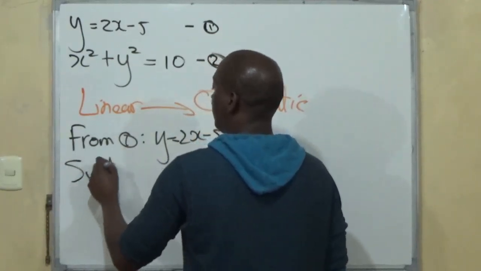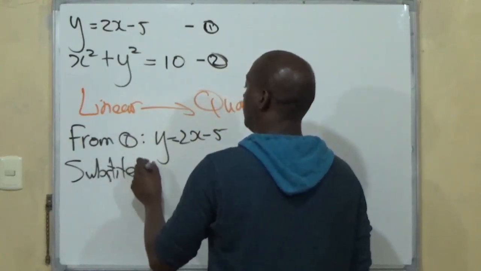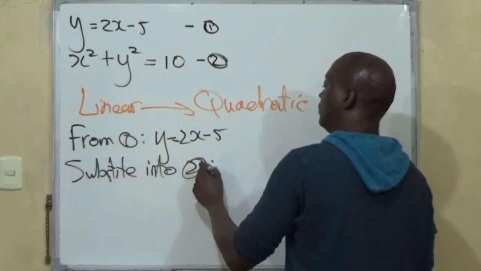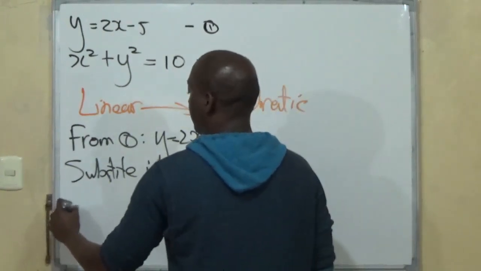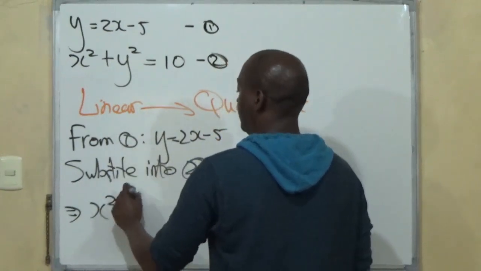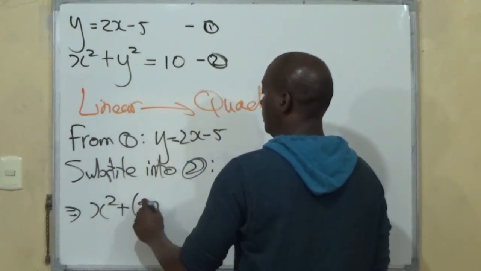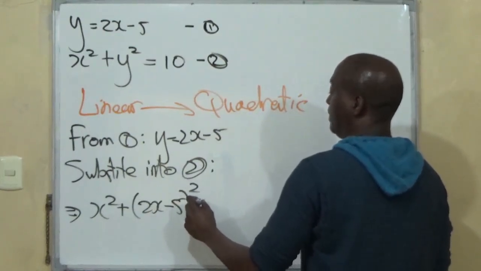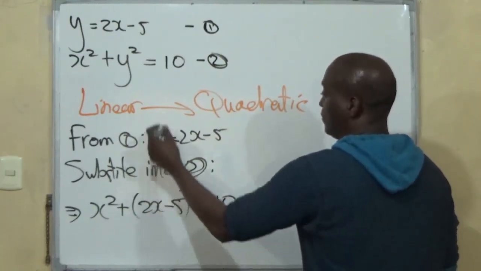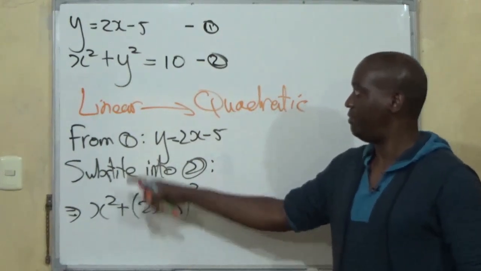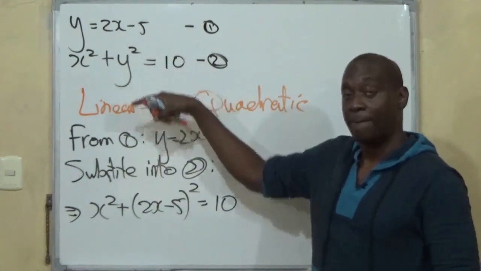Substitute into equation 2, and we go in. So you have x squared plus brackets 2x minus 5 squared is equal to 10.